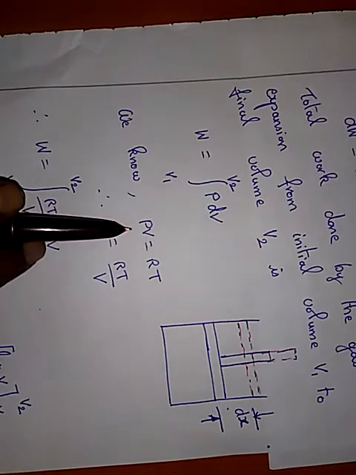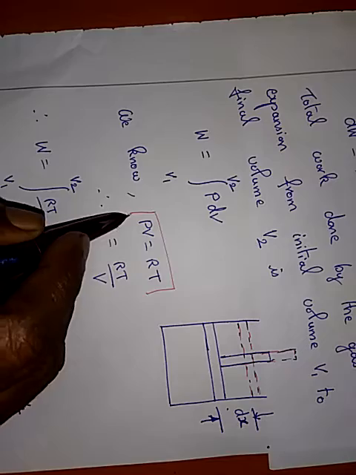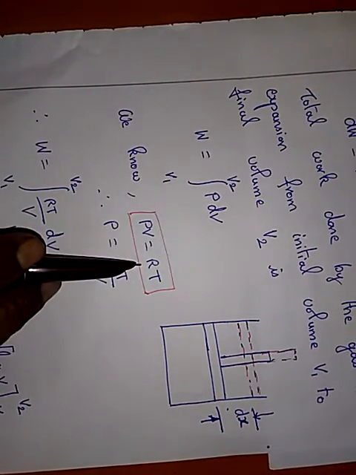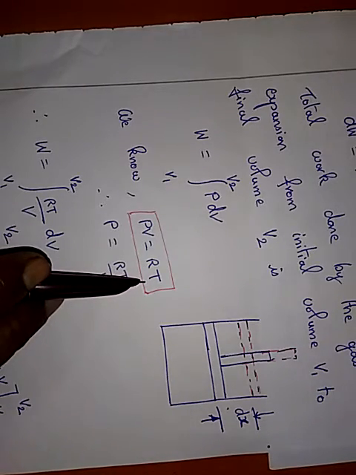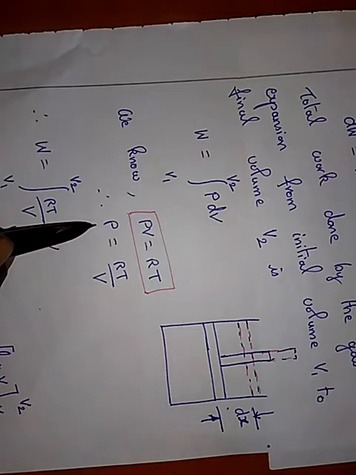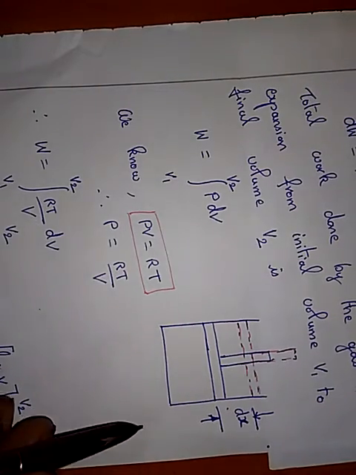So we all know the basic fundamental equation, PV is equal to RT. Pressure into volume is equal to R, gas constant or universal gas constant, multiplied by T, temperature. So from this relation we have the formula for pressure, which is P is equal to RT by V. Bring this V to the other side.